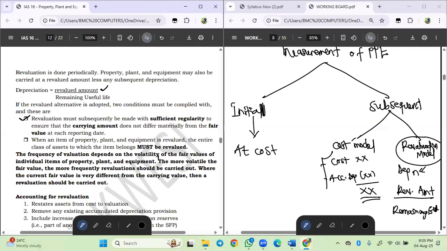The more volatile the fair value, the more frequently revaluations should be carried out. So is the fair value changing rapidly? That is volatile. If yes, it means the revaluation too must be done frequently. So the rate at which you revalue your assets depends on the volatility of the fair value.